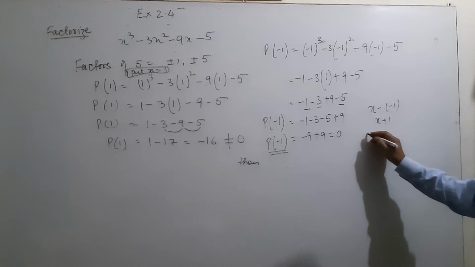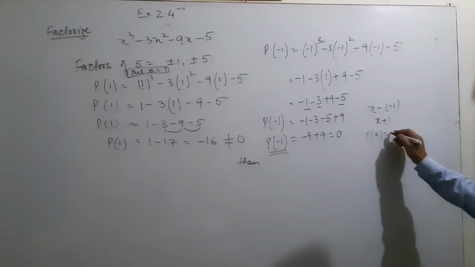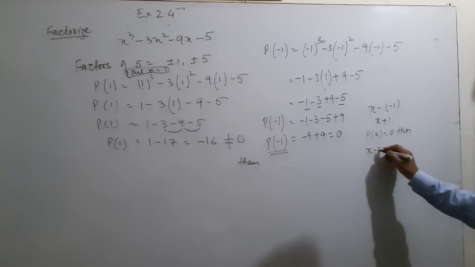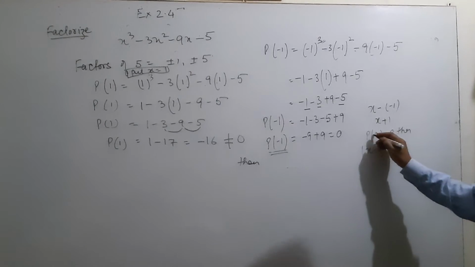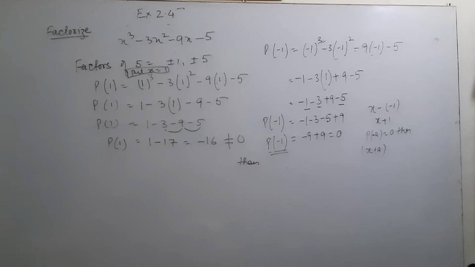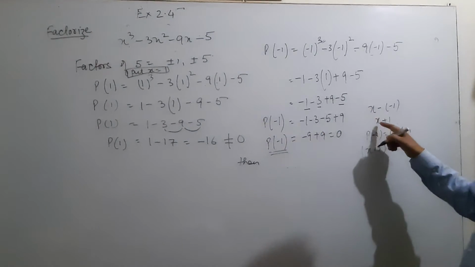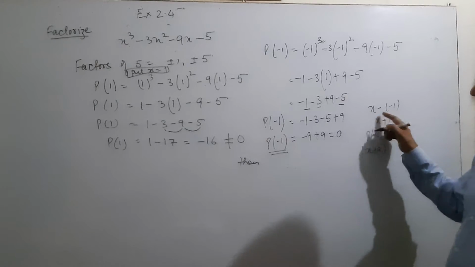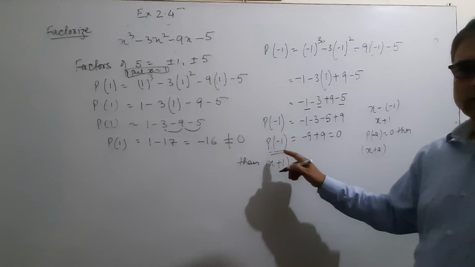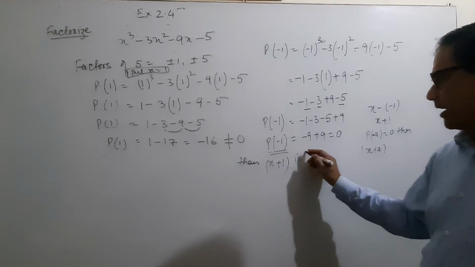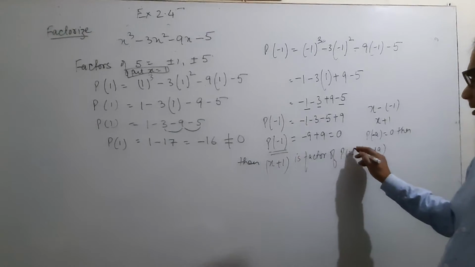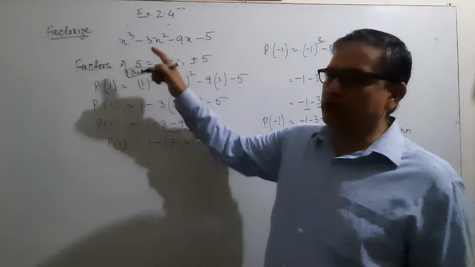Same as the factor theorem: if P(a) equals 0, then x minus a is a factor of P(x). If P(minus a) equals 0, then change the sign: x plus a. So x plus 1 is a factor of P(x).